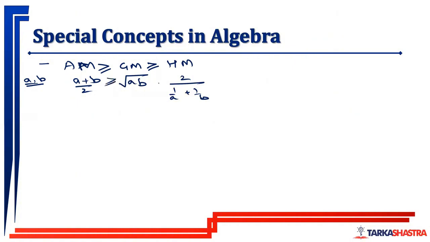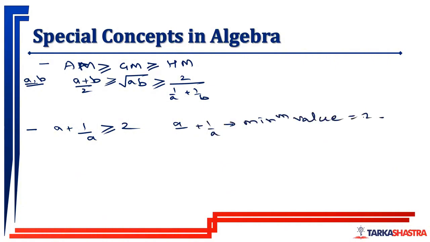And this will always be like this. Okay? Next important concept is a plus 1 by a will always be greater than or equal to 2. Minimum value is 2.